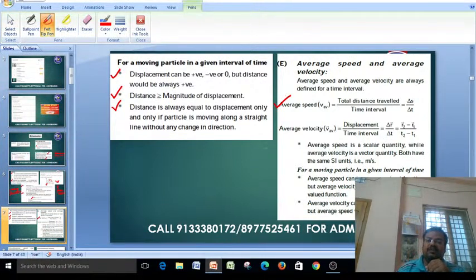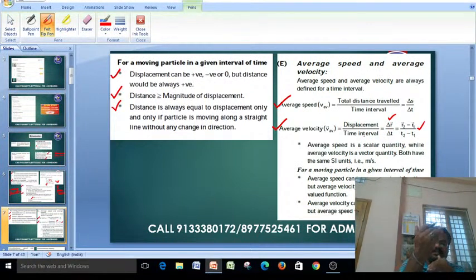Then average velocity is nothing but, instead of distance, we use displacement here. Total displacement divided by the time interval, that is delta r bar divided by delta t, because it is a position vector representation. So delta r bar divided by delta t, that is r2 bar minus r1 bar divided by t2 minus t1.